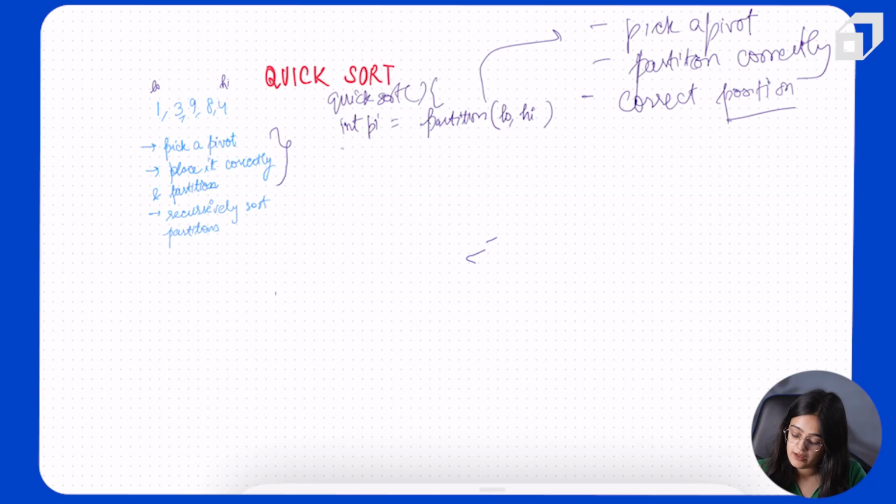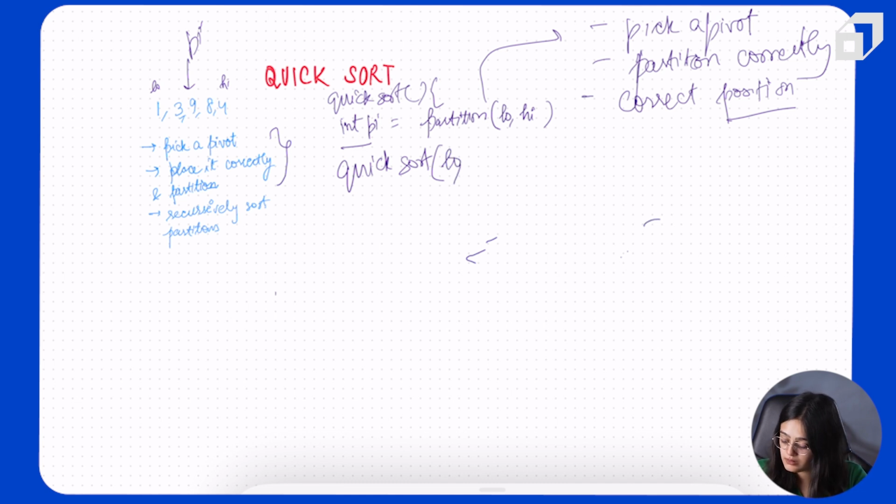So now we'll go ahead and actually sort these two partitions in a recursive manner. So what we have to essentially do is we take the partition index, then we actually make the recursive calls. So we'll be making a recursive call wherein our initial index will stay the same. Let's say here our partition index came. So the initial index will be the same.